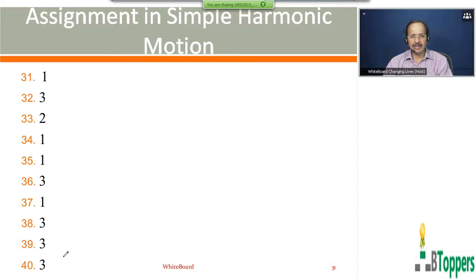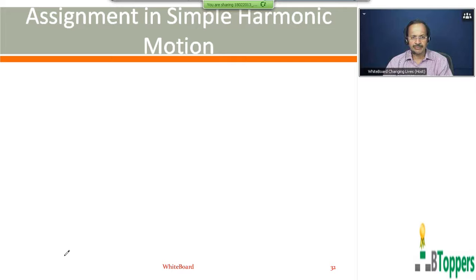So I am going to show the answers for the next 10 questions, 41 to 50. Look at the screen. For question number 41, fourth option is the answer. For question 42, third option. For the next 3 questions, 43, 44, and 45, second option is the answer.